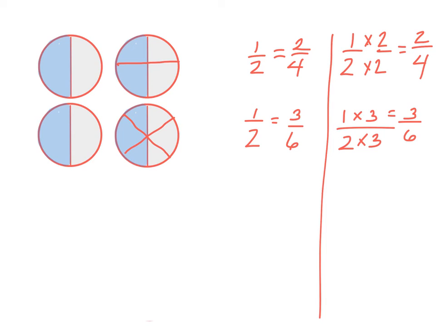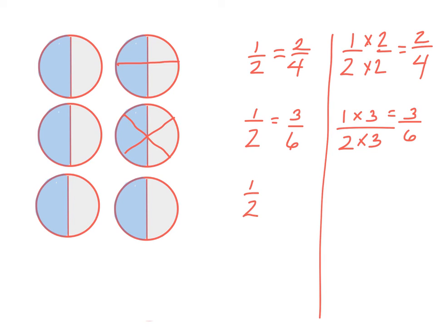Now, let's find more equivalent fractions for 1/2. There's our 1/2 model again and again. So let's say that we wanted to find a fraction equivalent to 1/2 where 8 is in the denominator. How would we figure that out?